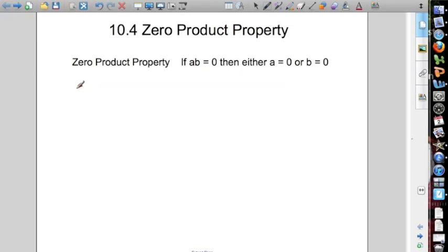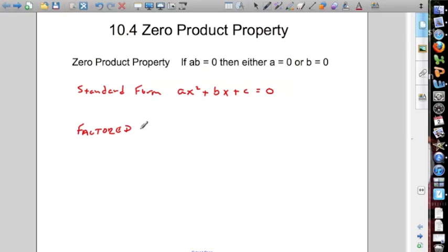We're going to start talking about, again, solving these quadratic equations. And so the standard form of a quadratic equation is just ax squared plus bx plus c equals 0. Now, in a future lesson, we will look at how to factor this. When you factor this, you get what we're going to call the factored form, and that's what we're going to look at today.